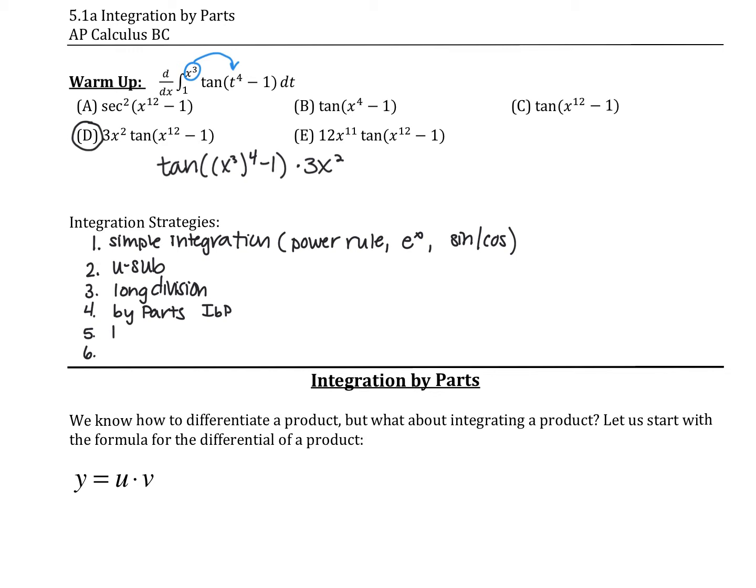Then we are going to look at integrating using trig identities. And finally, our last technique is what we call partial fraction decomposition. And we'll work on that a little bit later. So let's get started with integration by parts.